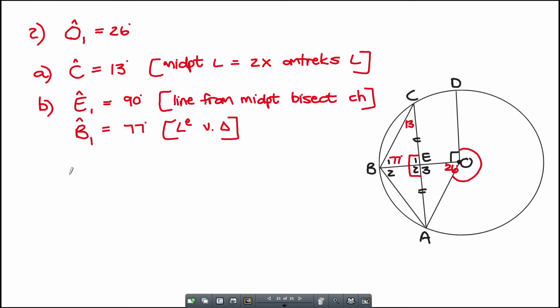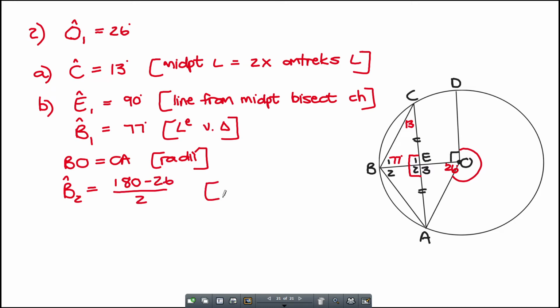Okay, so let's say BO is equal to OA, radii, en dan kan jy gaan sê angle B2 will be equal to 180 minus the 26 divided by 2. Ook teenoor gelyke sye.